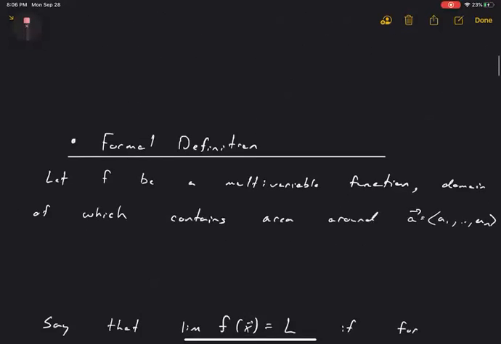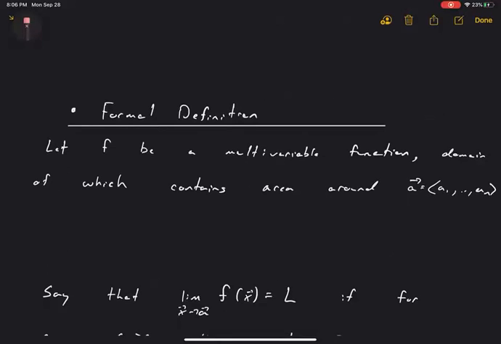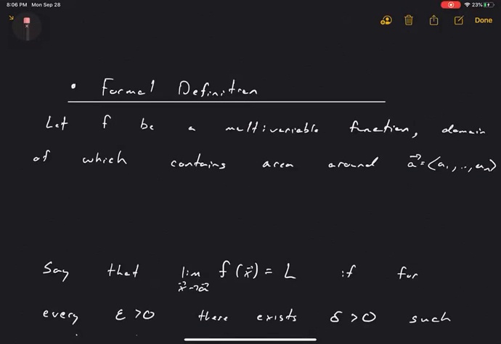So let's jump in with the formal definition of the limit of a function in our multivariable case. Let f be a multivariable function. So f is from R^n to R. The domain of this function might be all of R^n, or the domain might be some subset D of R^n.